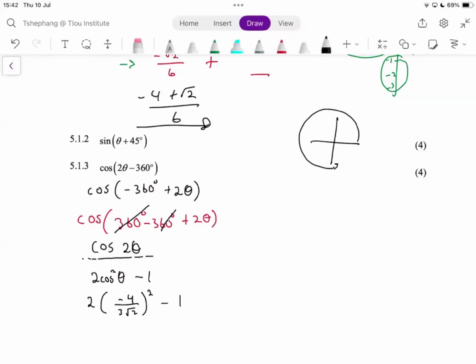Now, if you are dealing with a negative angle, it's just a matter of direction. They took the clockwise direction. So you want to take it back by adding 360. Okay, hoping that is clear. And then here, our answer is simply going to be 7/9. And that is the final answer.